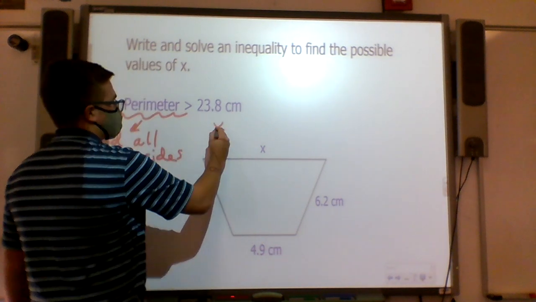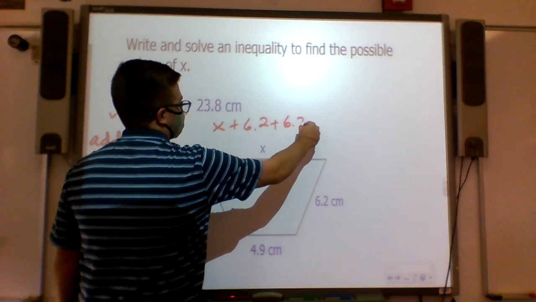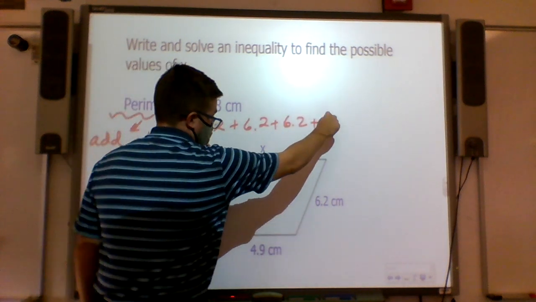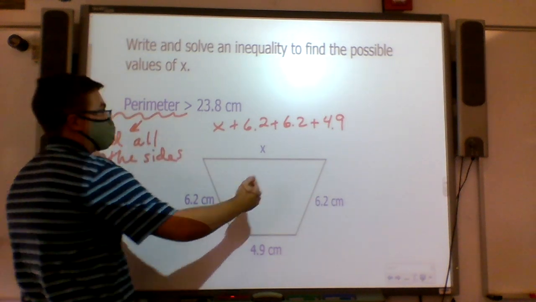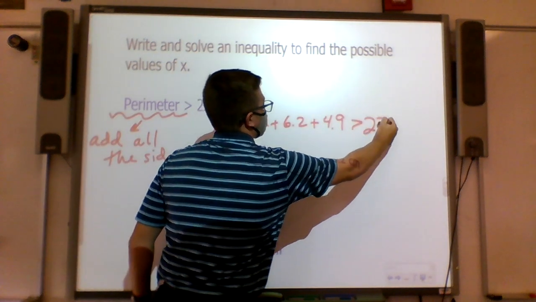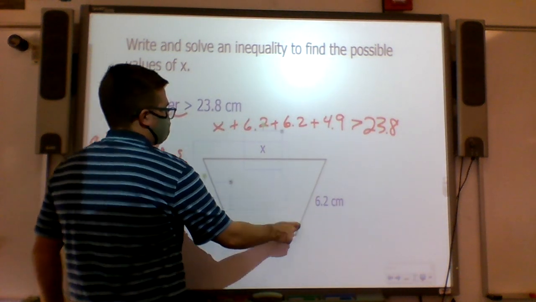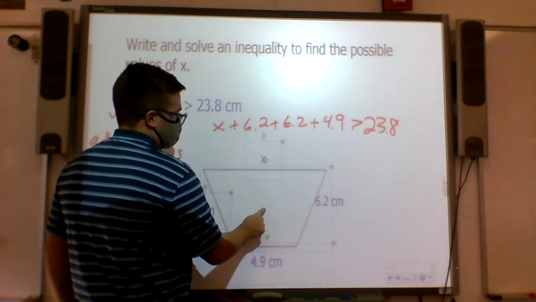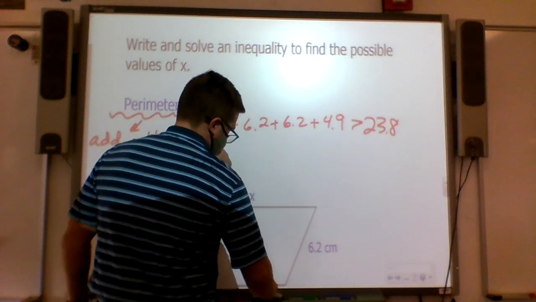So we've got x plus 6.2 plus 6.2 plus 4.9, and it has to be greater than 23.8.